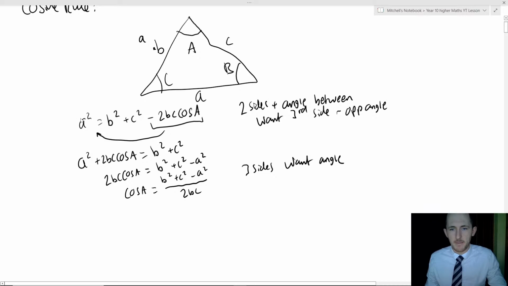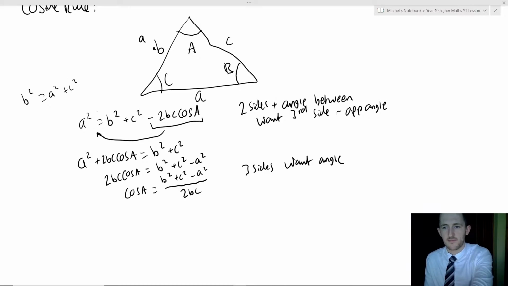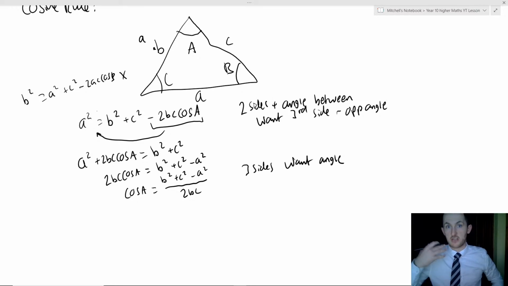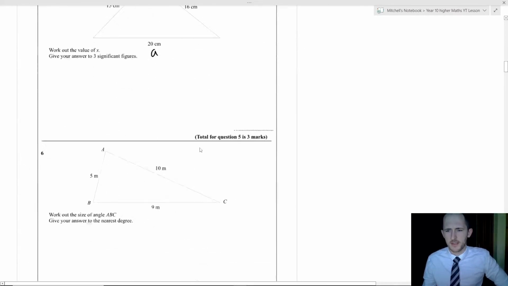So if I make this B squared equals, all I do is replace A with B, and then C squared stays exactly the same. So it doesn't make a difference, really. All I'm doing is replacing the letters. But I personally have never seen a question where that's required.